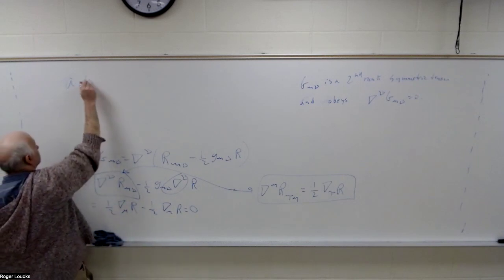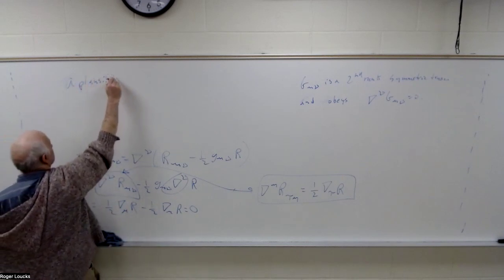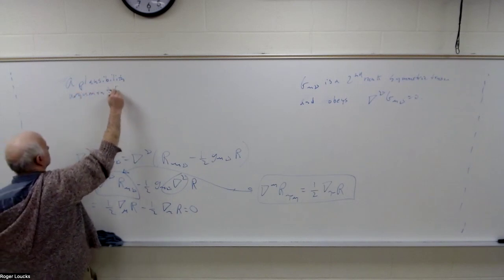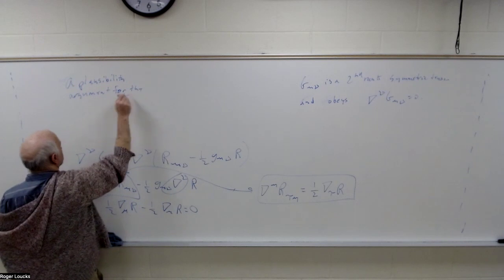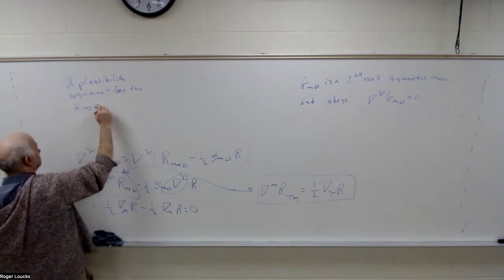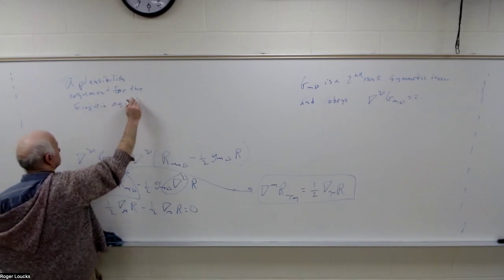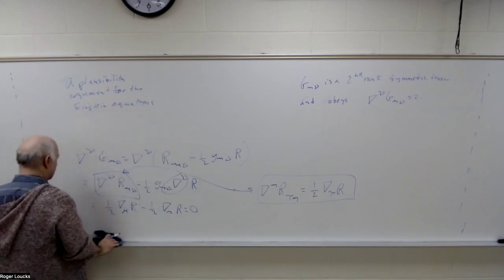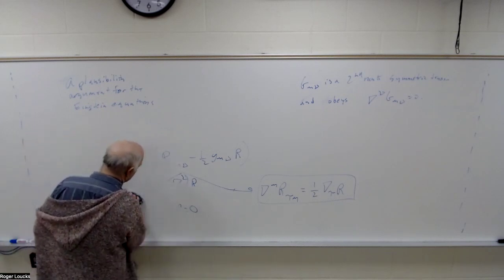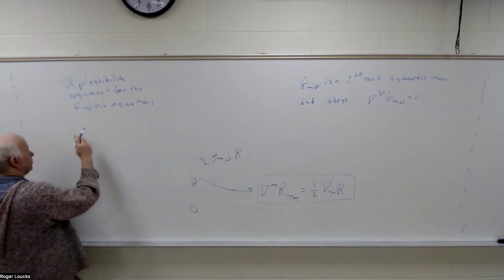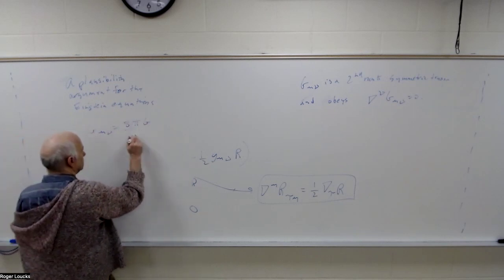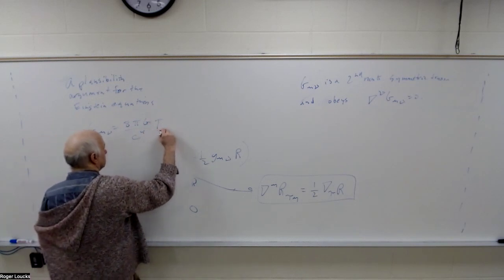And I'll give you the equations again. This is going to be G mu nu equals 8 pi G over c to the 4th, T mu nu.